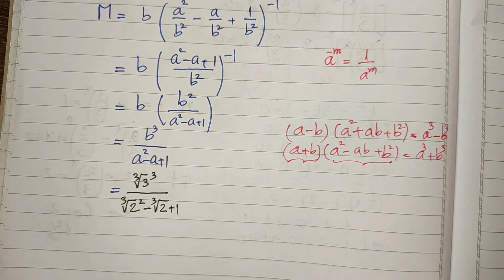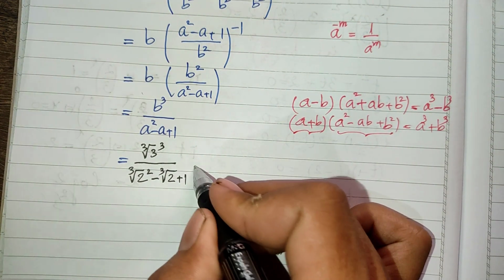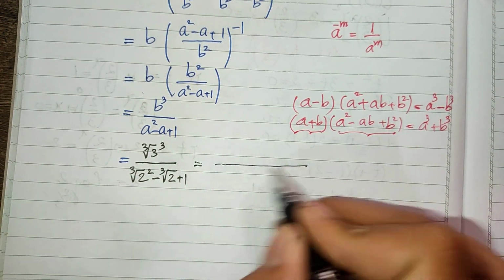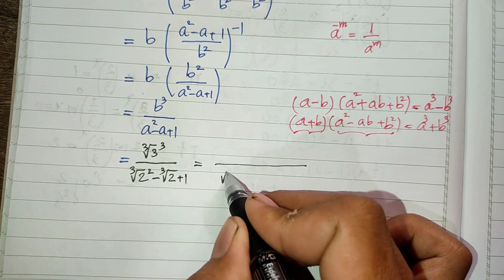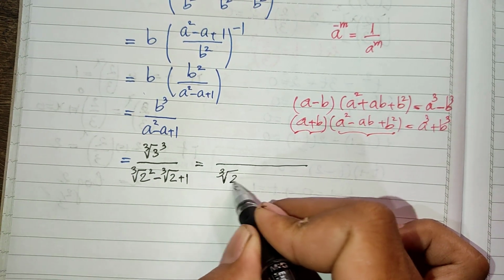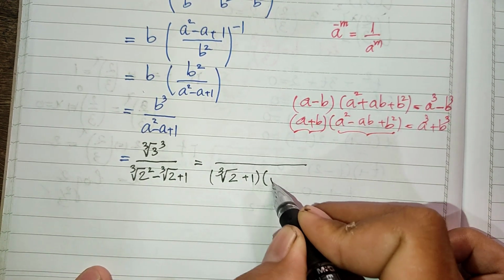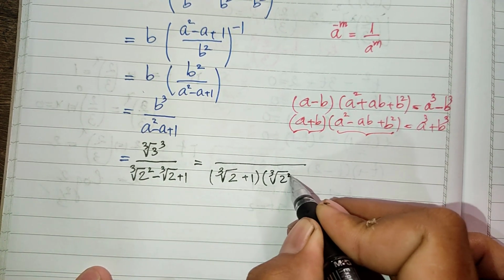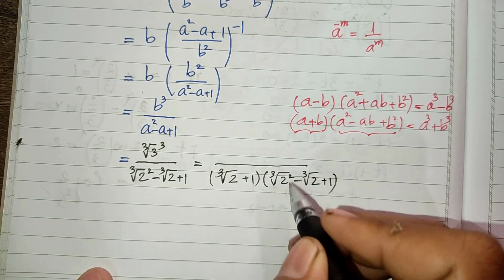We can write a as the cube root of 2, plus 1, multiplied by the cube root of 2 squared minus the cube root of 2 plus 1.